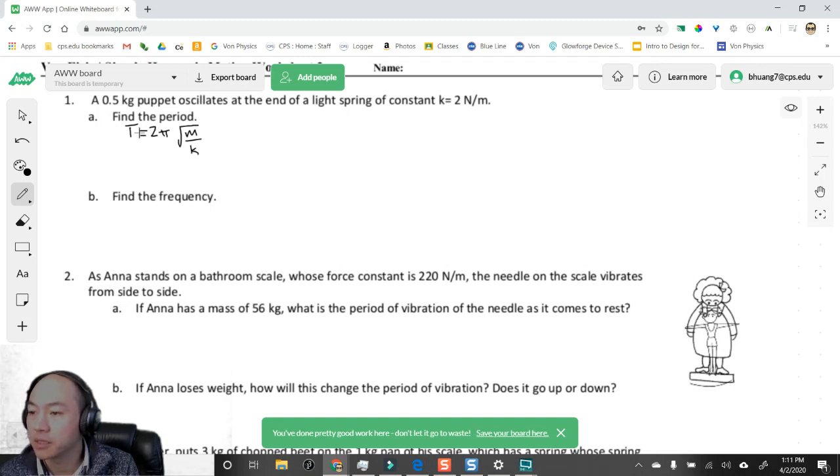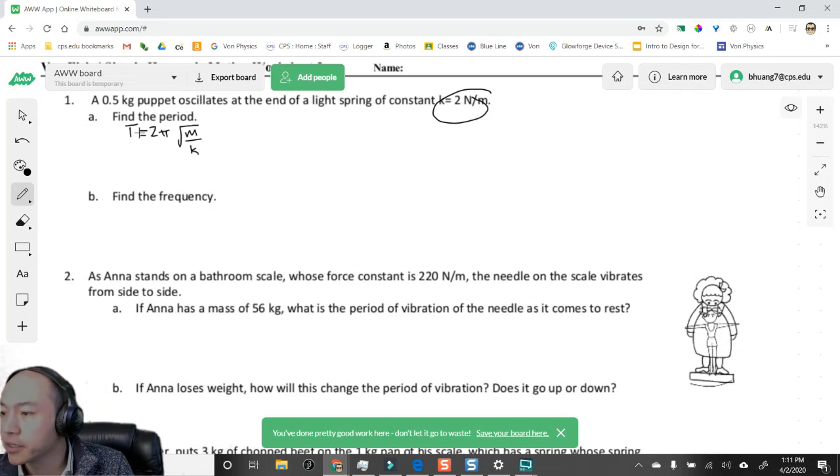Now let's look at what things are given to us here. The spring constant is 2 newtons per meter, and the mass is 0.5 kilograms. That's a little hard to read, but let's work with that.